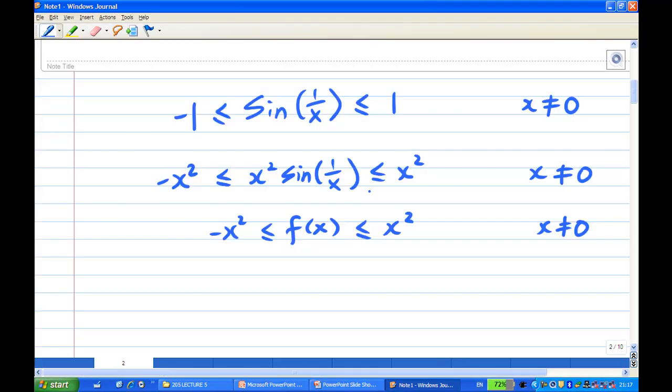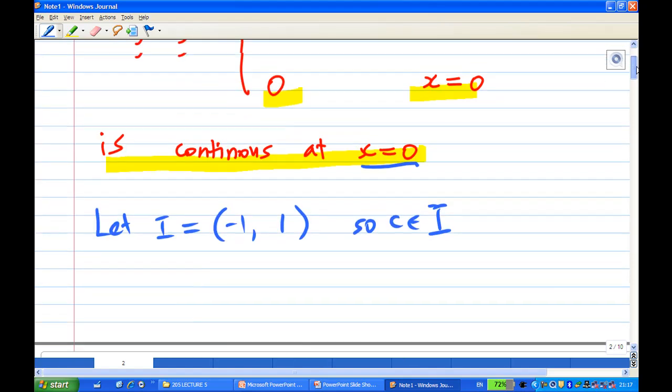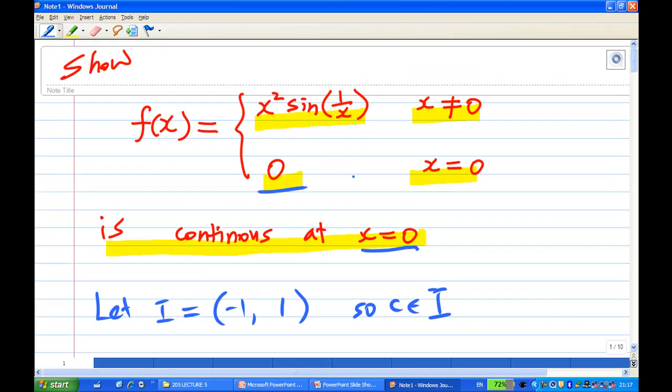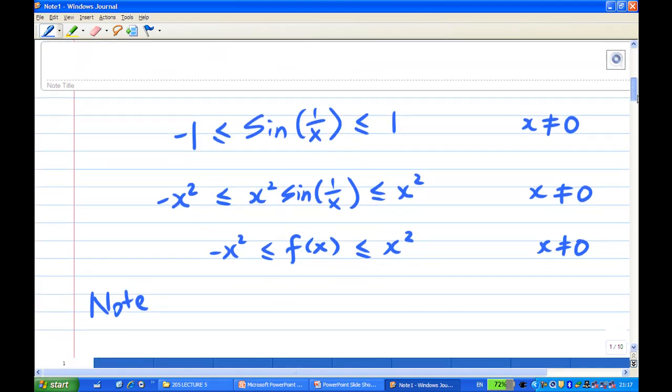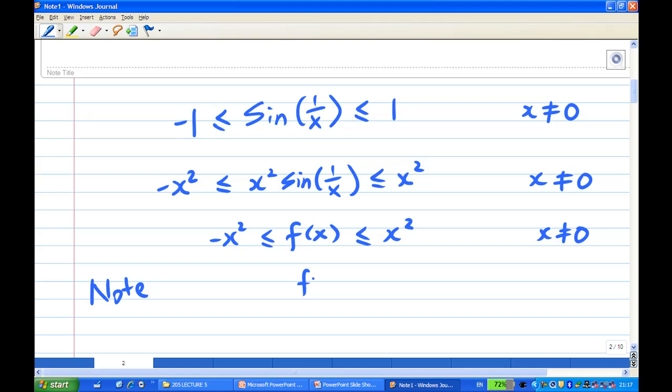Therefore, I have ignored x equal to 0. What happens when x equal to 0? Note that f(0) is equal to 0, which is definitely less than or equal to 0 squared and greater than or equal to minus 0 squared.